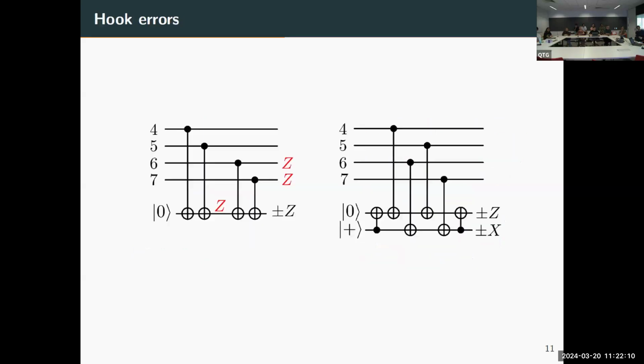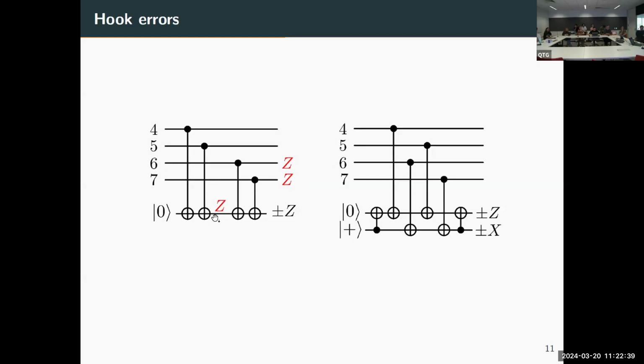There's been a lot of work to build really good stabilizer measurement schemes for the Steane code in particular. A lot of work has gone into dealing with hook errors and things like that. Hook errors are where single-qubit errors on the ancillas that are measuring the stabilizer syndrome can spread to higher weight errors, which are potentially uncorrectable.